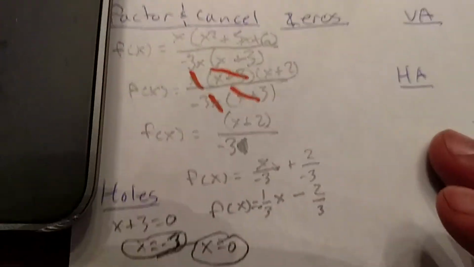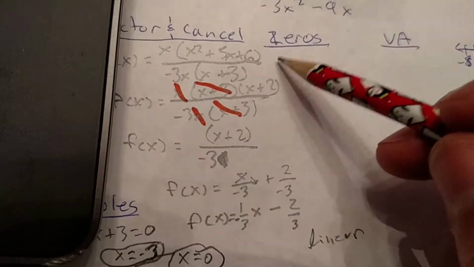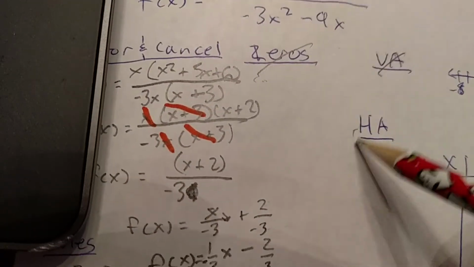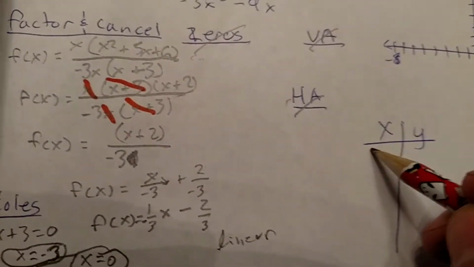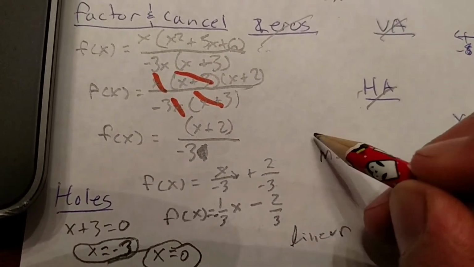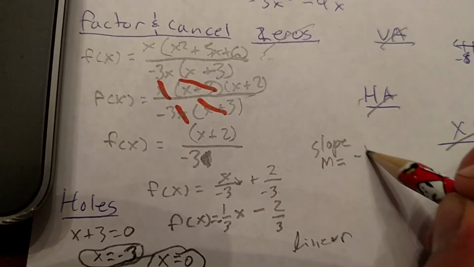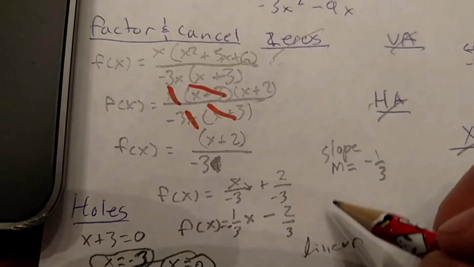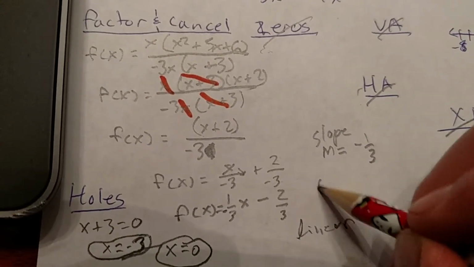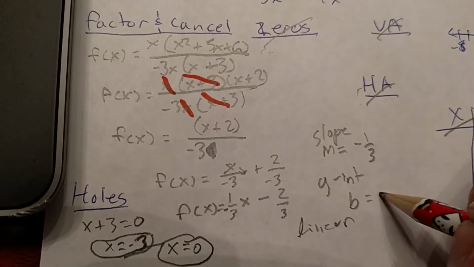Now this is linear, so basically I don't need any of this now. All I have to do is know the slope. What is my slope, which is m? It's -1/3. Back to 8th grade math. And what is my y-intercept, which is our b? b equals -2/3.